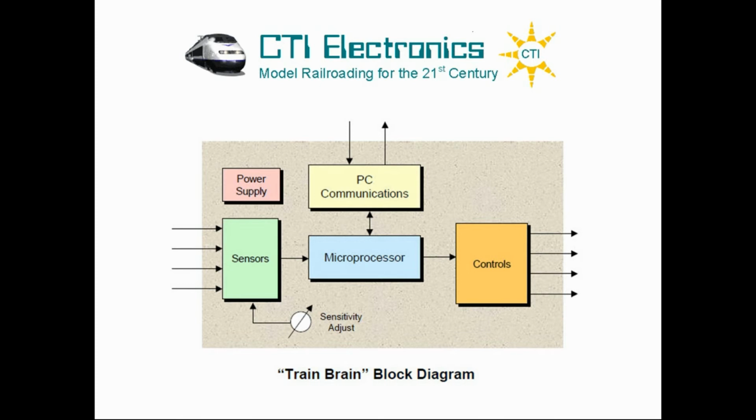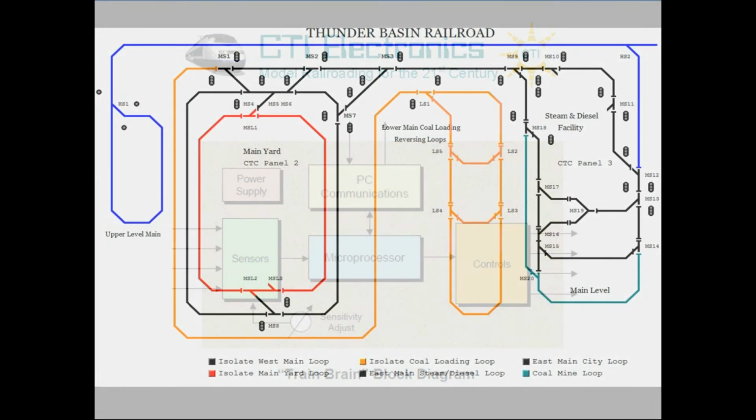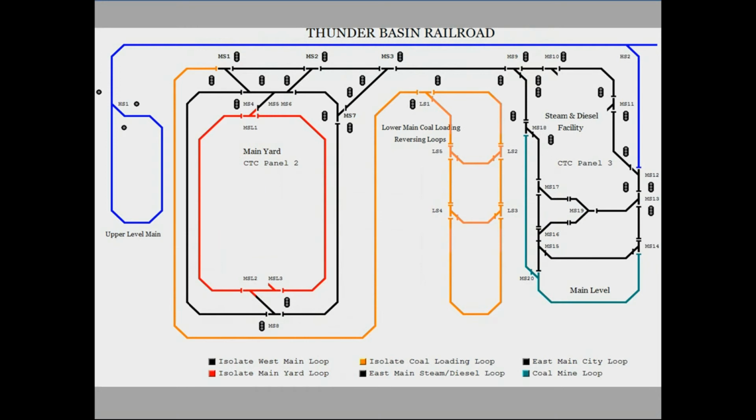So let's take a look at the CTI Train Brain software from the operating app, the CTC panels. This is the CTC panel I programmed for the Thunder Basin Railroad. You can see it represents the Thunder Basin Railroad track layout schematically with all mainline switches in place.